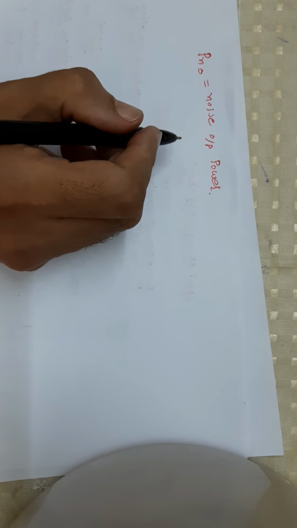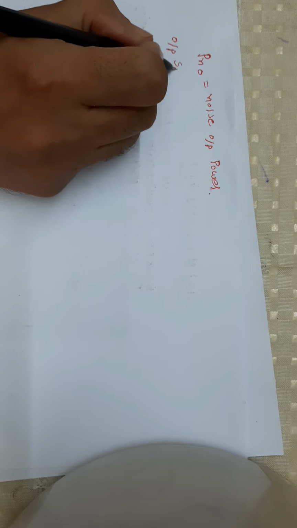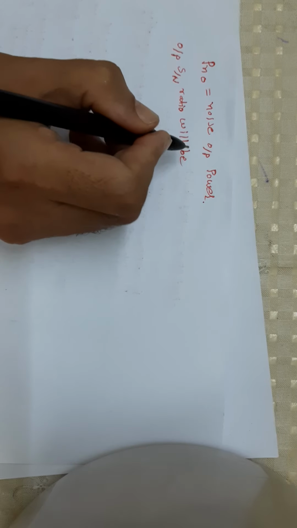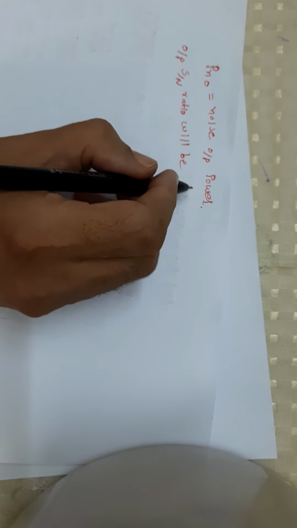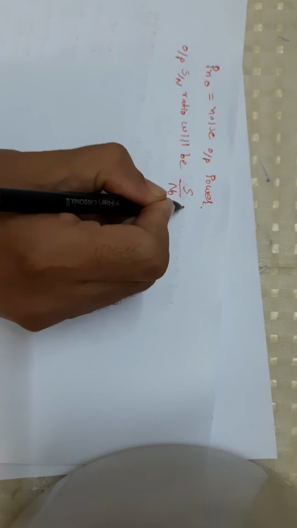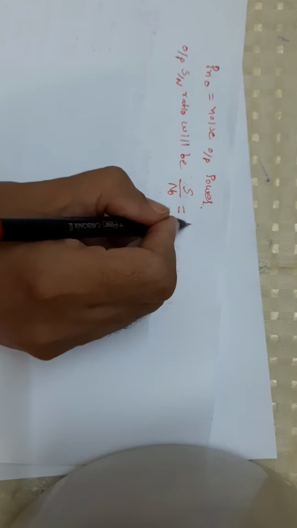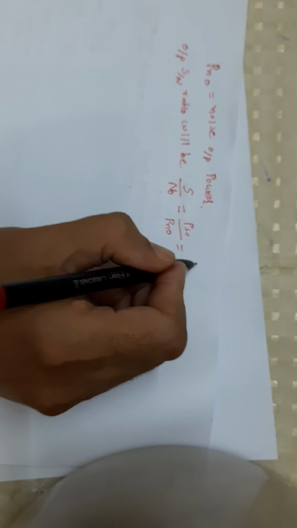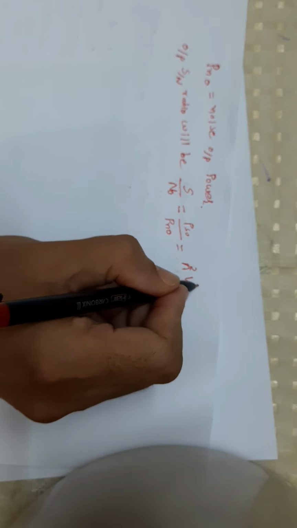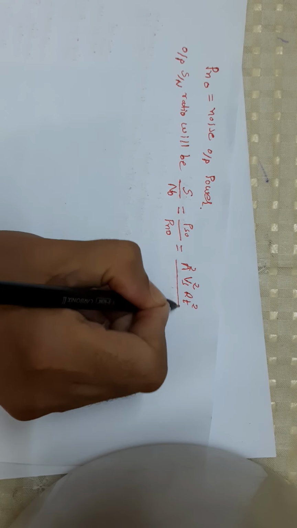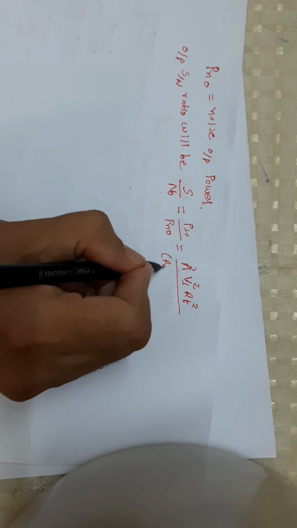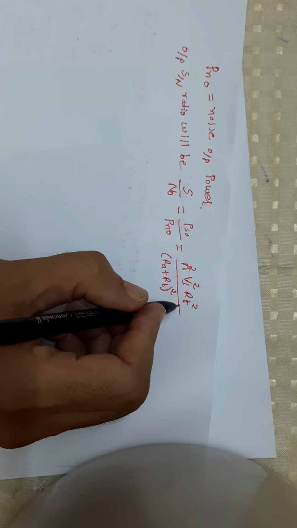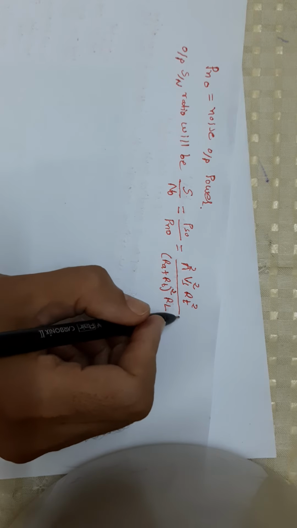The output signal to noise ratio will be S upon NO, and this is equal to PSO upon PNO, and this is equal to A square VS square RT square upon (RA plus RT) square into RL and into PNO.